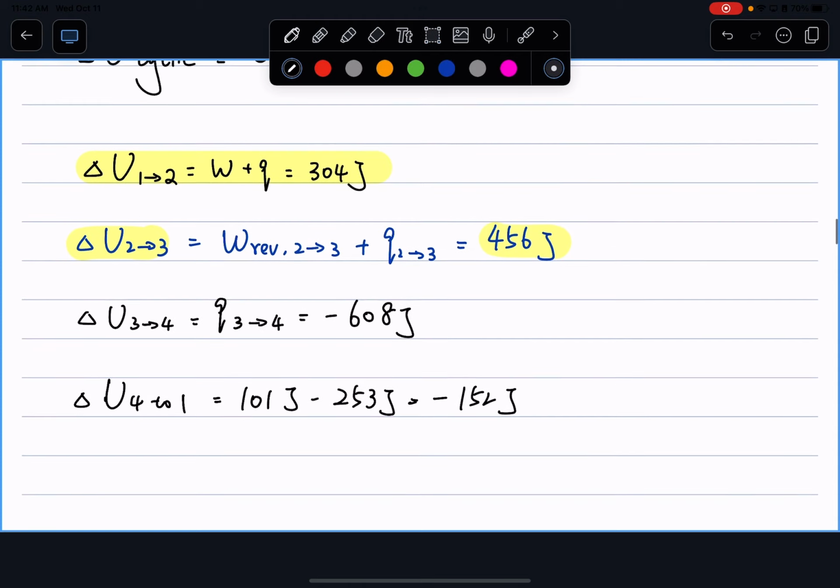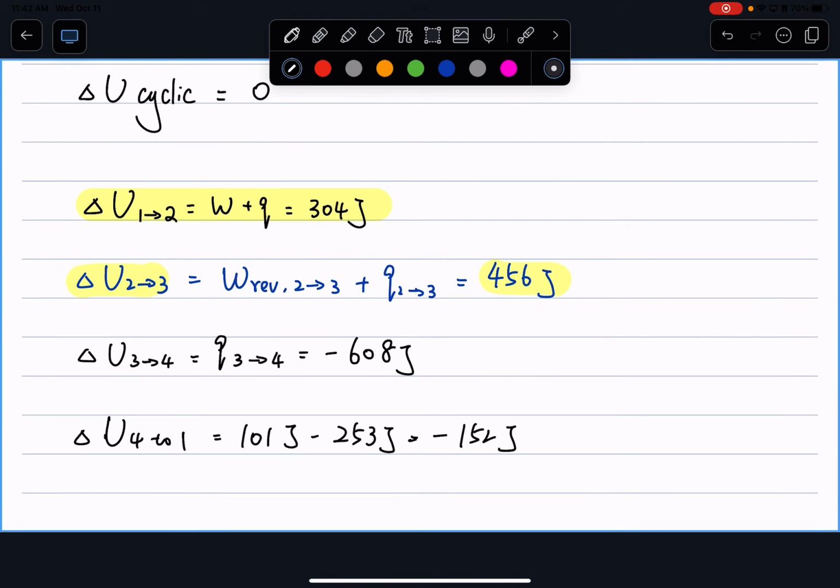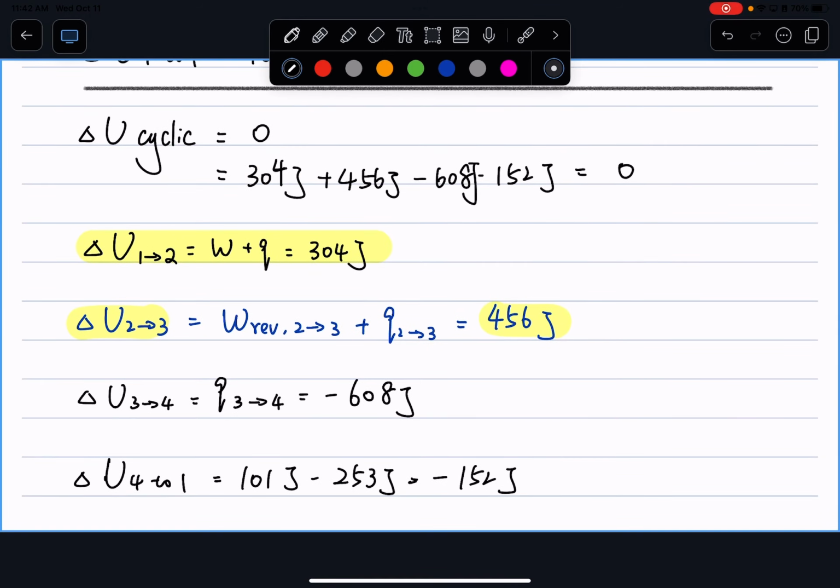All right, if we add all these numbers together, we have 304 plus 456 minus 608 minus 152. And that also gives you 0. So the nice thing about thermodynamics is you can check your answer and make sure it is correct.